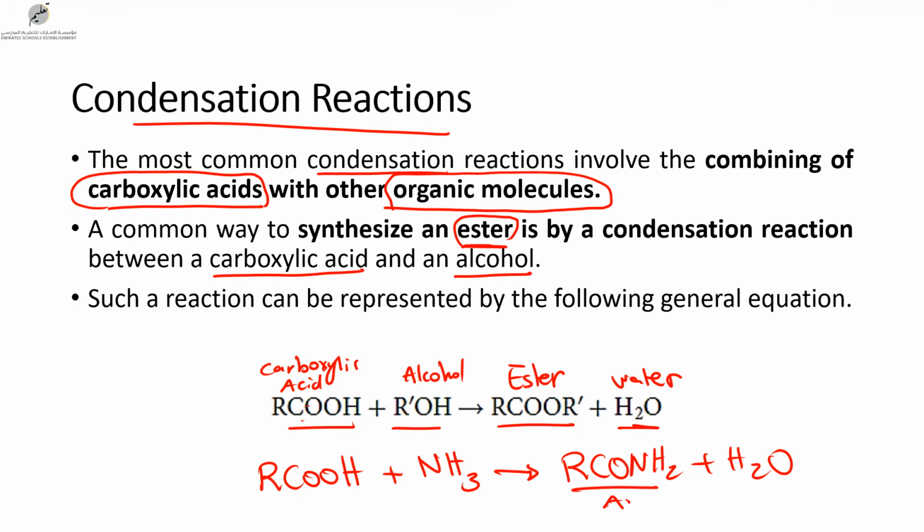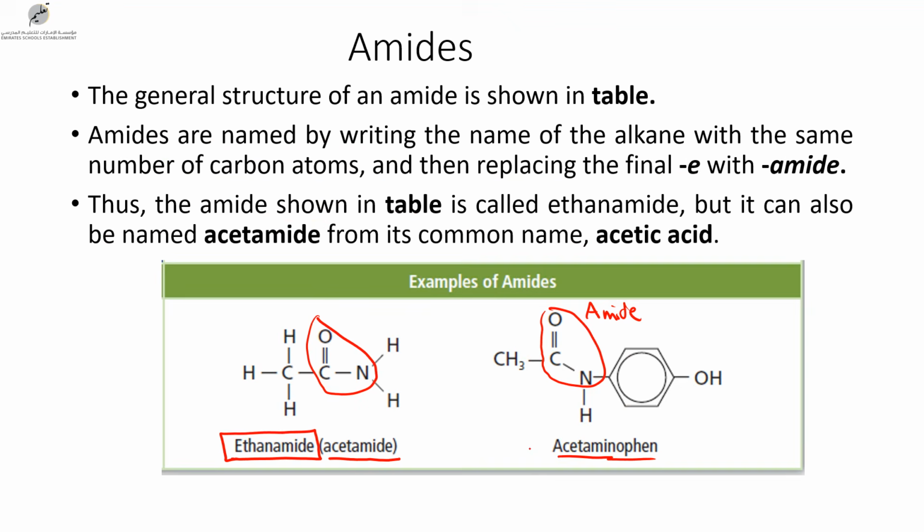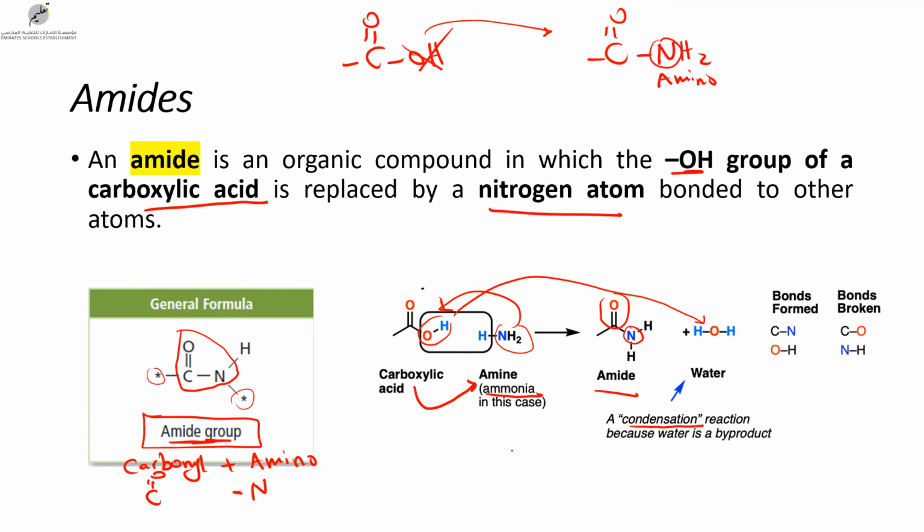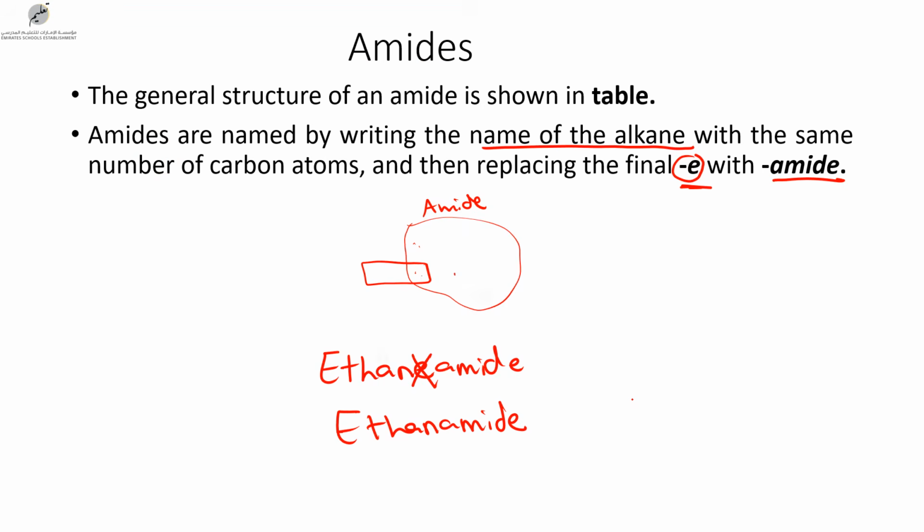So this is an amide, this is ammonia, and this is the carboxylic acid, okay? So a reaction between ammonia and a carboxylic acid, and an amide would be formed, okay? So this is actually an elimination reaction, which we saw here. Let me remind you. Yes, it's a condensation reaction, and also a type of elimination reaction.